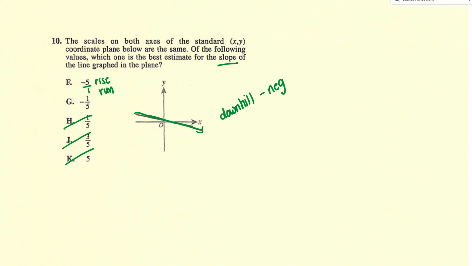Or does it look more like we fell out of bed 1 and we ran over 5? And it certainly looks like you would have fallen out of bed 1 and run over 5. So the answer is G. This right here would be really steep. This would say I would have fallen 5 and just run over 1. And it would have been something much, much steeper.